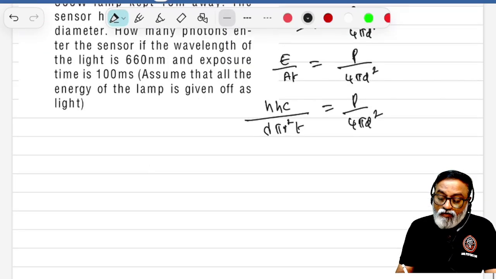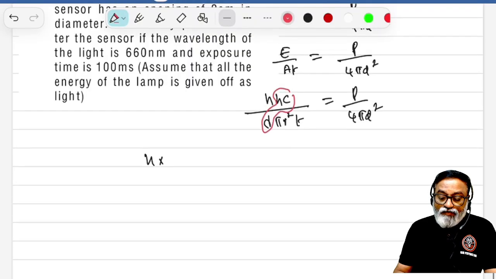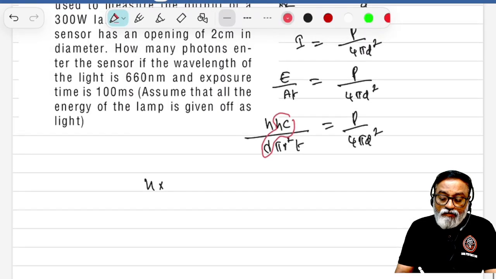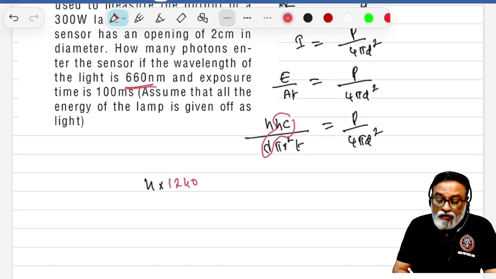Therefore, N into hc by lambda. This hc by lambda is nothing but 1240 electron volt nanometer when wavelength is in nanometer. Electron volt means 1.6 into 10 to the power of minus 19.